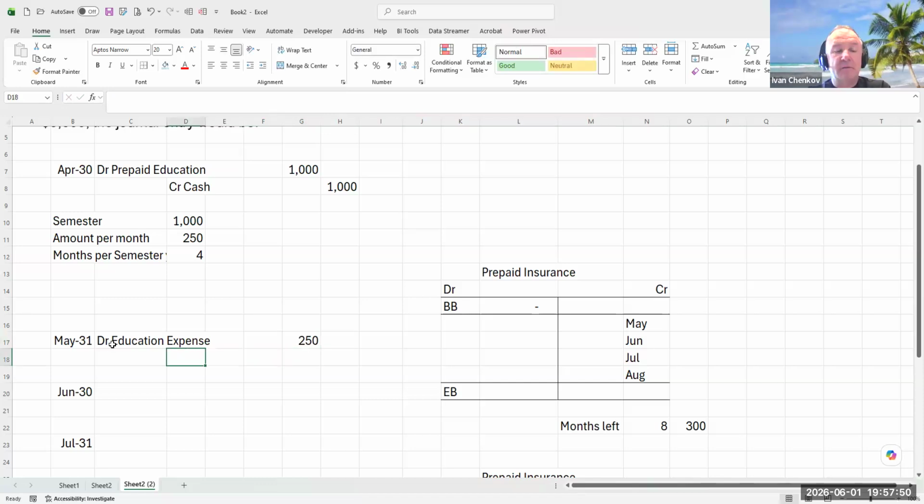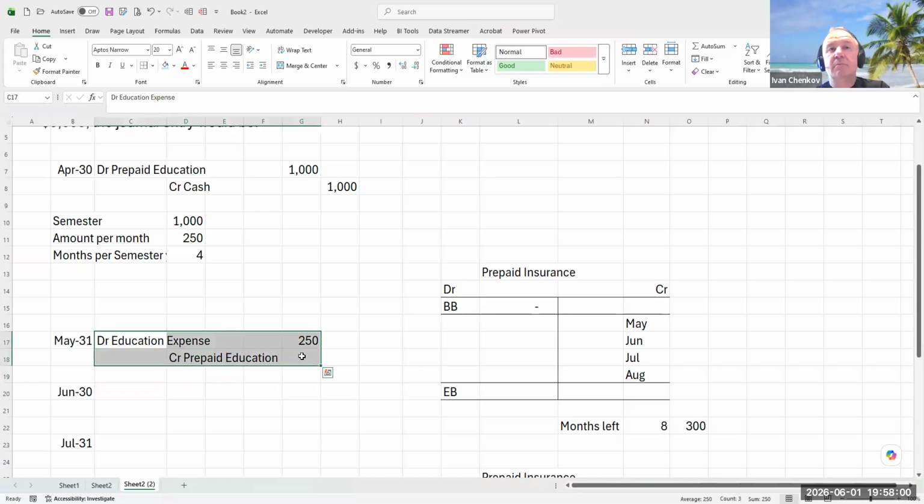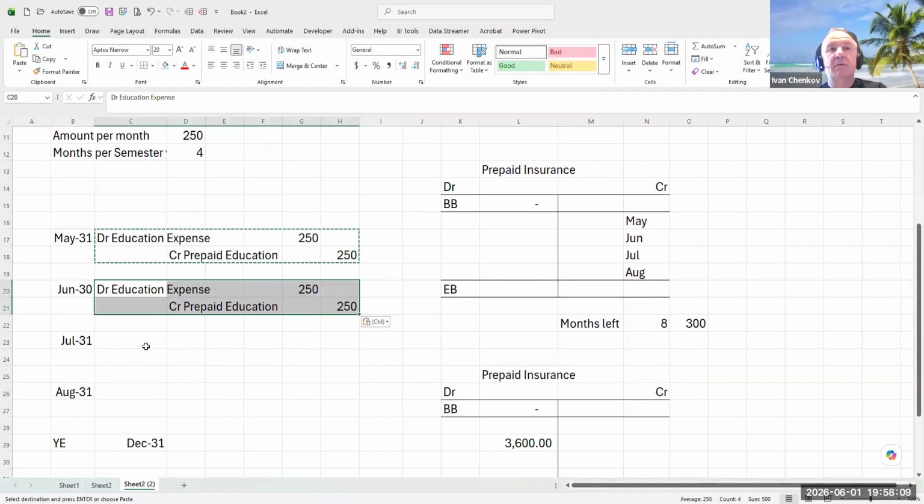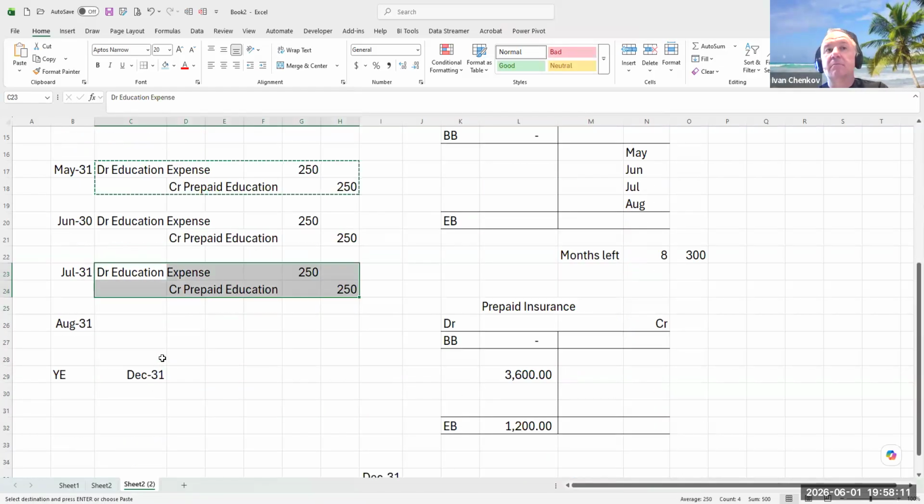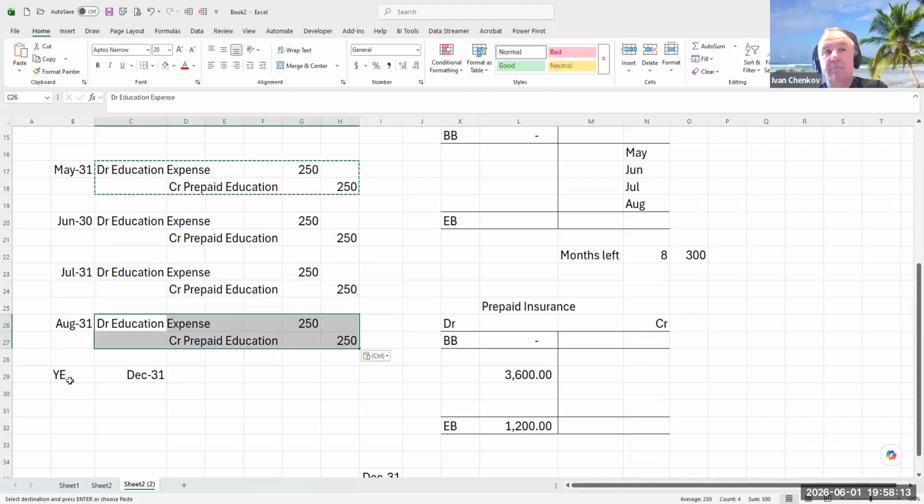And I'm gonna credit prepaid education. What's gonna happen in June? Exactly the same. How about July? Exactly the same. How about August? Still the same.